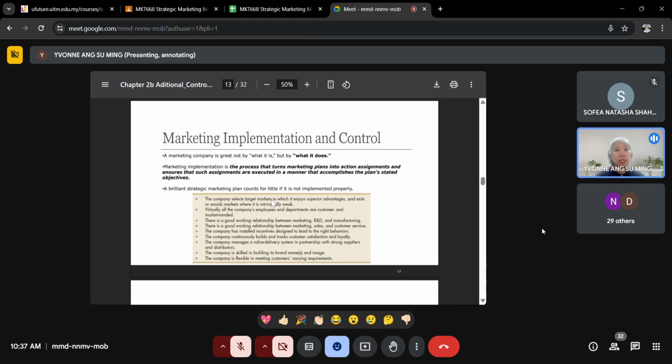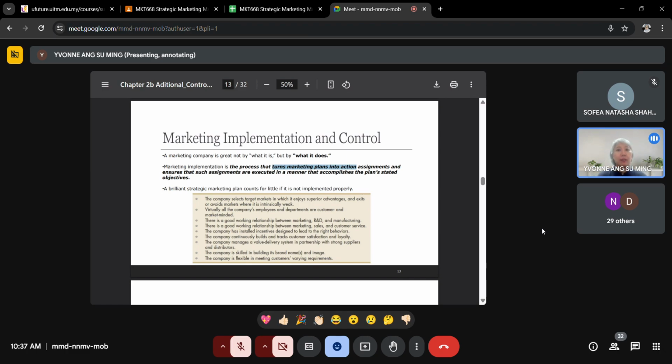Okay? So marketing implementation is pelaksanaan. Nak buat kerja macam mana kita buat kerja. Alright? So here you can see that the very important text from this particular slide ialah basically implementation ialah di mana we turn marketing plans into action. Okay, kita nak merealisasikan plan kita.